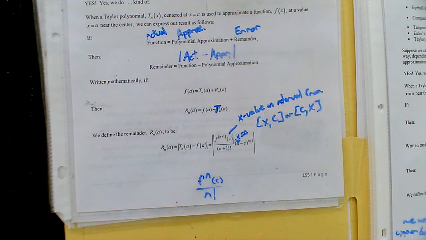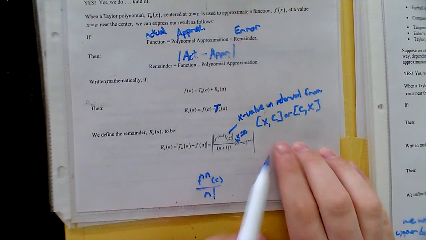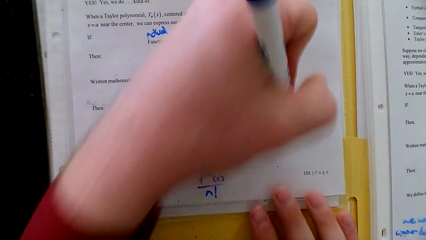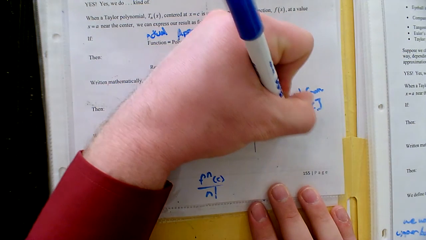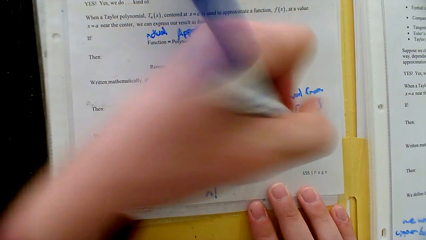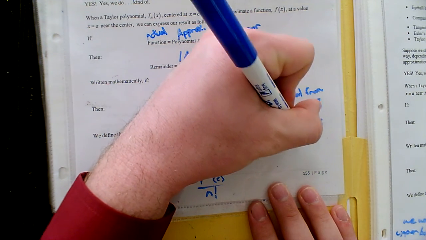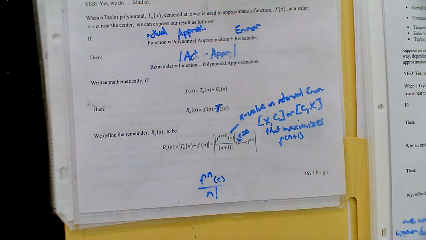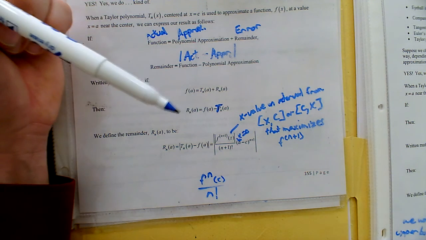But what's important about this, again, thinking back to that problem we had in the last section, that error was 1/10 there. That's the maximum error we could have. So we're trying to find this value z within this interval that maximizes f of n plus 1. Trying to find something that maximizes that.